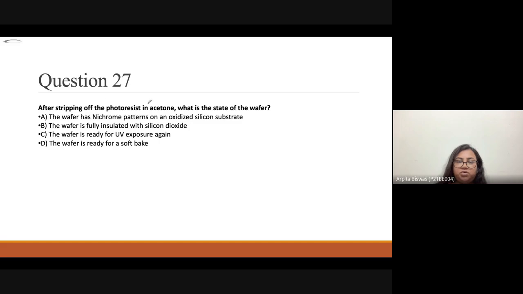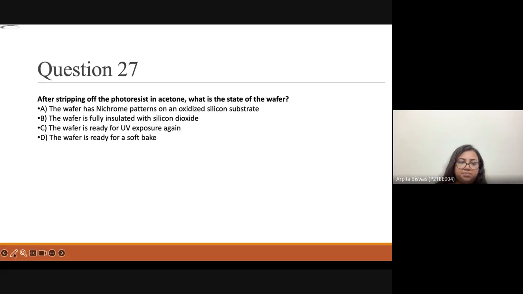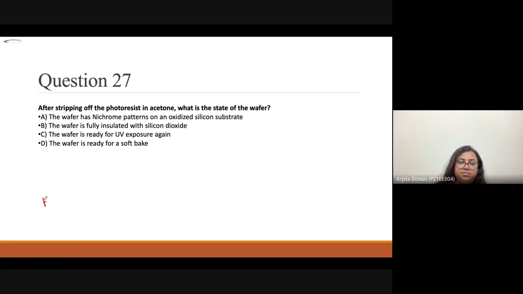See, after stripping of the positive photoresist with acetone, like this process, the photolithography process, again the same process: silicon dioxide, and then the metal. And on that metal, there is a photoresist.